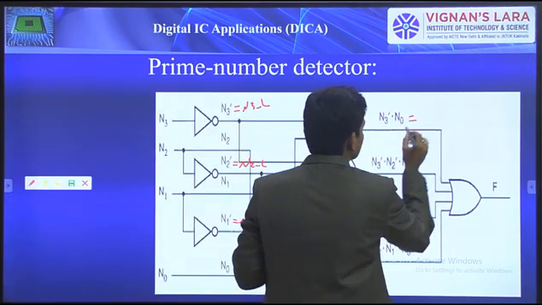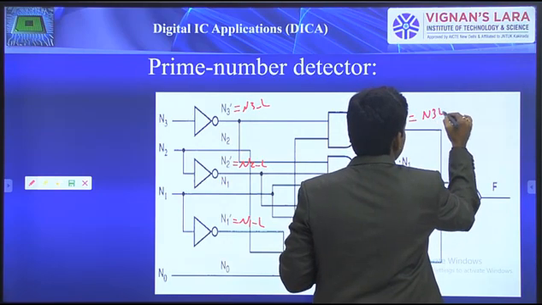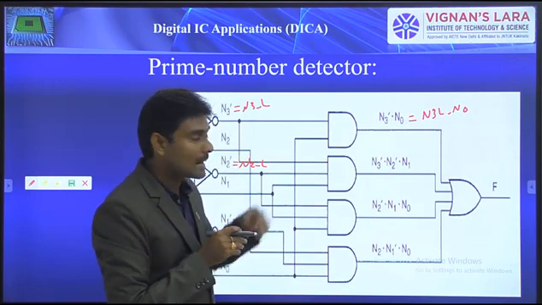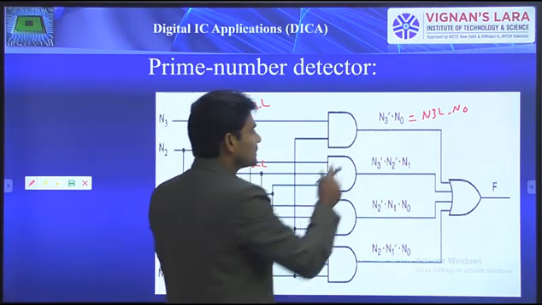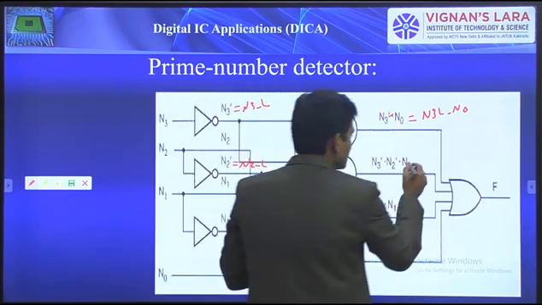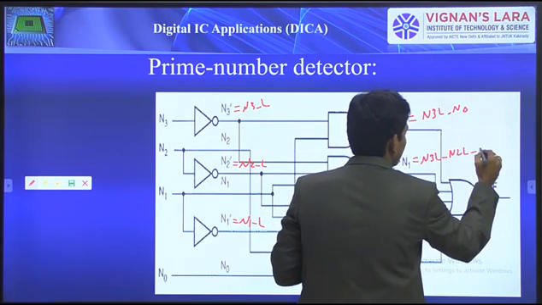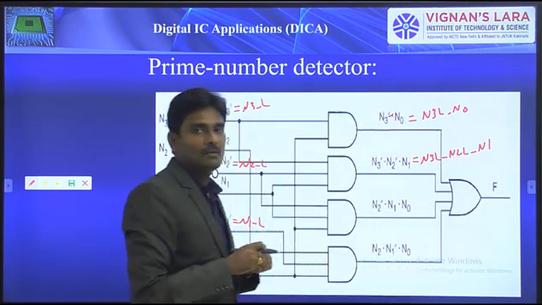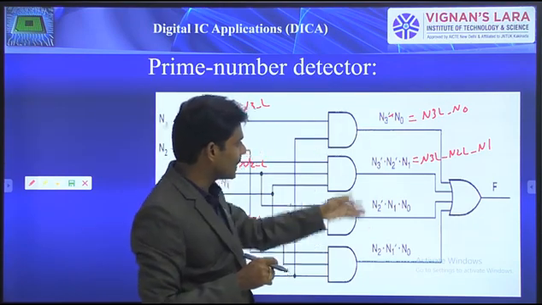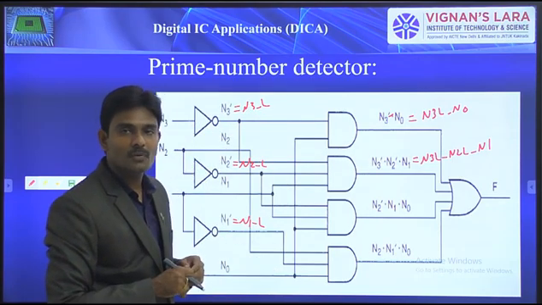And for N3 bar with N0, we mentioned it as N3L_N0. That is the signal name we gave in that particular program. Because representing bars seems complex, I mentioned alternate names. In the same way, N3L_N2L_N1, and likewise for the remaining two as well. These are all the signal output names of the AND gates, and finally F is the output of the 4 input OR gate.